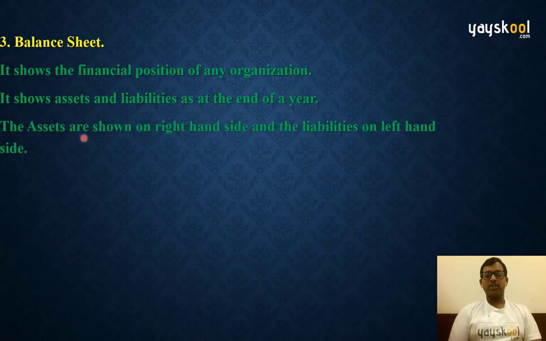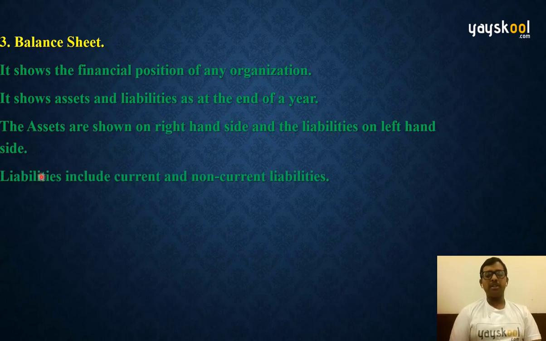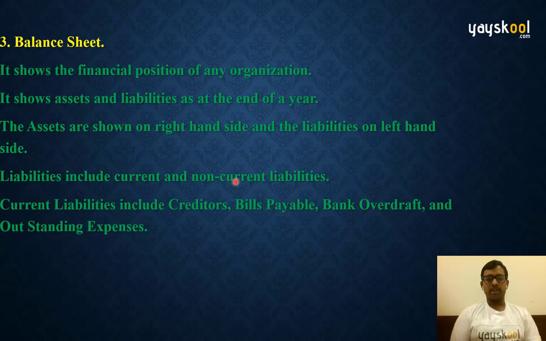The assets are shown on the right hand side and the liabilities on the left hand side. Liabilities include current and non-current liabilities. Current liabilities include creditors, bills payable, bank overdraft, and outstanding expenses. The concept of current liabilities says that current liabilities are those whose payment the company has to make within one accounting year.